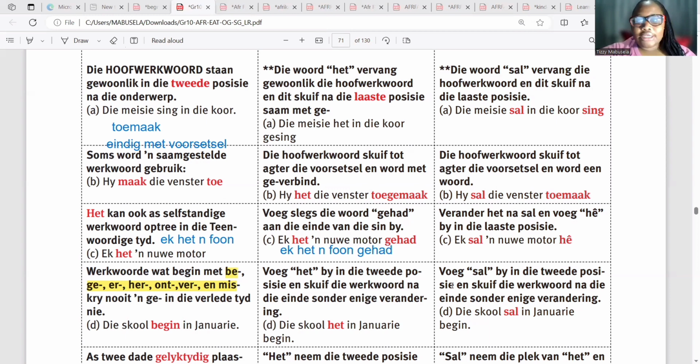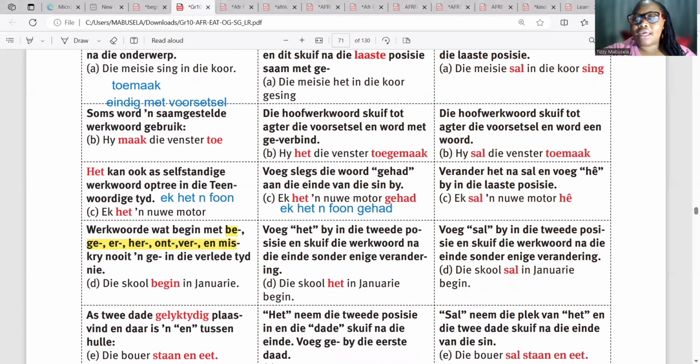So het is a very, very special word. So het can be a hulpwerkwoord, it can also be a main verb. So here we see that we use het as a hulpwerkwoord, the auxiliary verb, because it helps the verb to show that this is in the past tense. So what do we do if we have het as a main verb? Like for instance here, ek het 'n nuwe moeder.